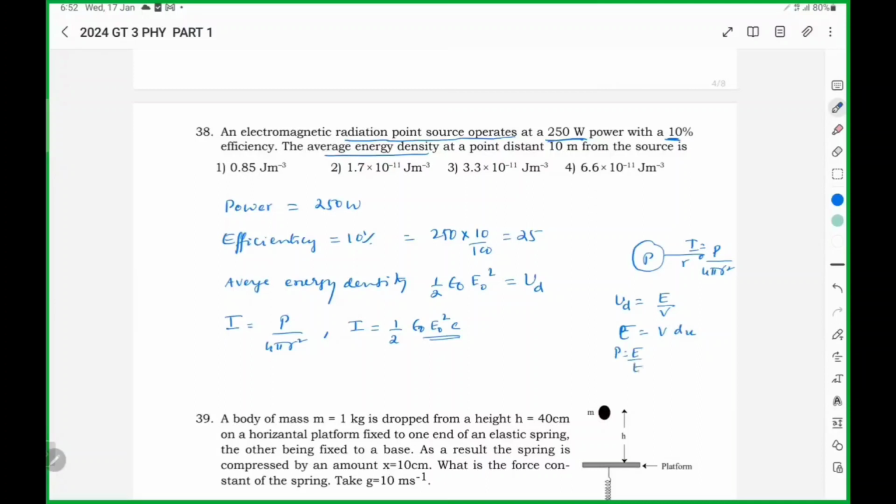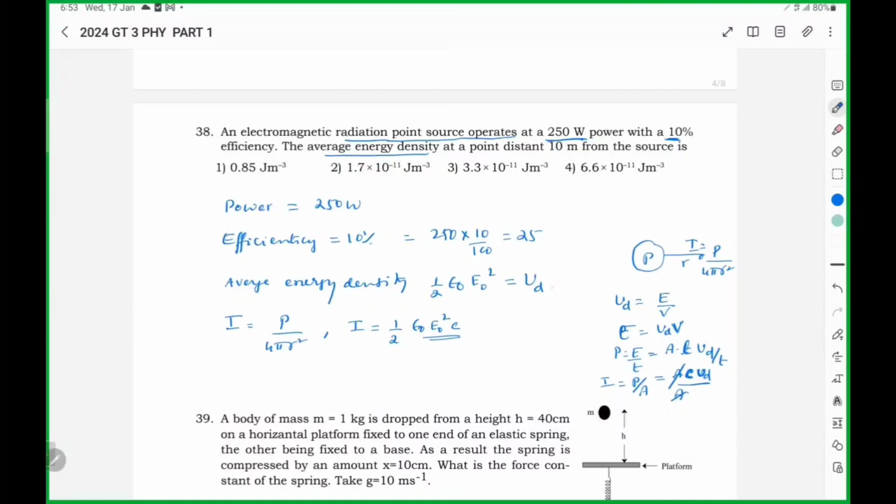So power here is E by T, where V is area times length. Volume is area into length into energy density. Intensity is power per unit area. That is L by T, which is nothing but the velocity of light. The area cancels. So U_D times C is this. So these two are equal.